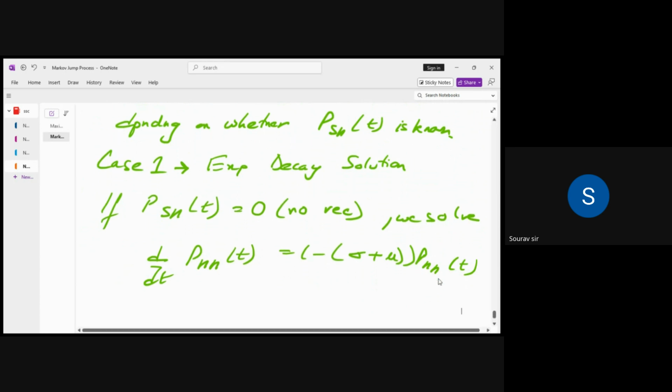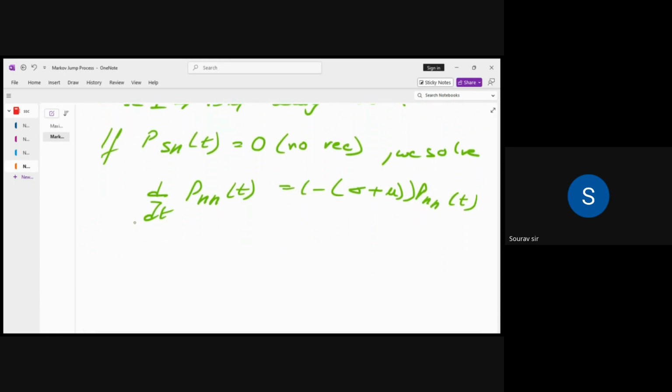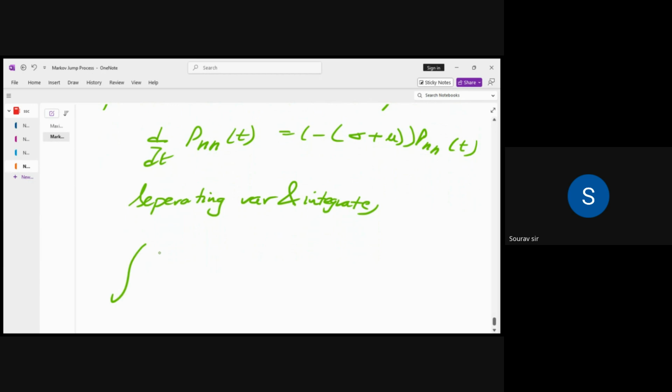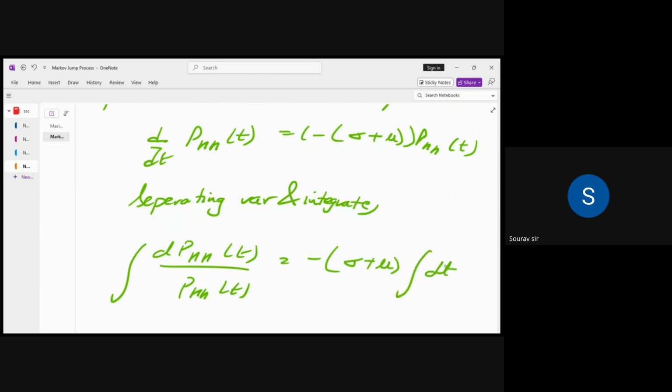If I separate the variables and integrate, dP_HH(t) by P_HH(t) is minus (theta plus mu) integrating dt.